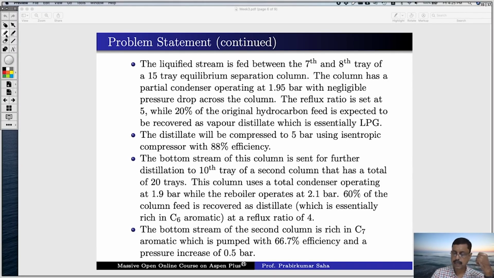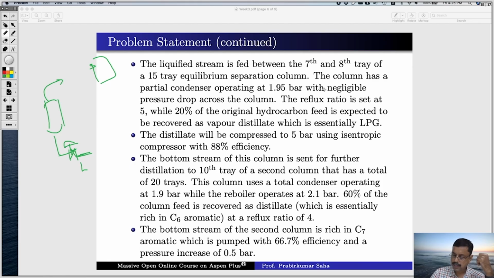Now we come to the bottom of the flash tank. So top of the flash tank is leftover gas which went to the combustion chamber. Bottom of the flash tank, after it was passed through the valve where the pressure reduces and liquefied, here it is said the liquefied stream is fed between 7th and 8th tray of a 15 tray equilibrium separation column.